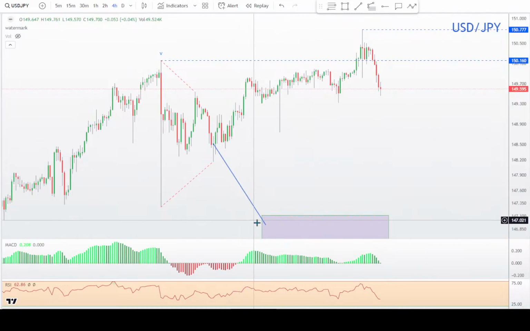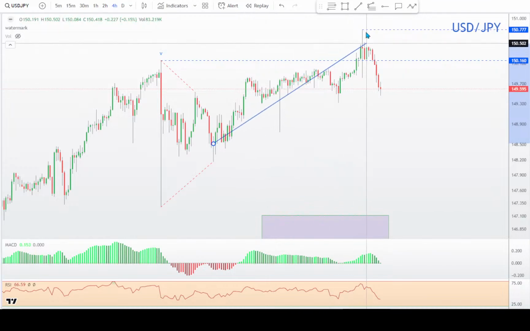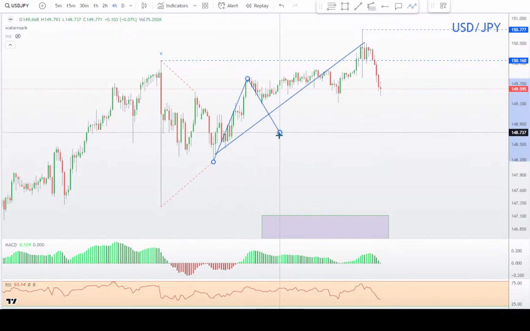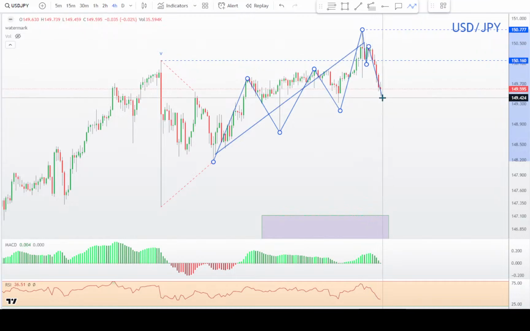If this is all the fifth wave here, it looks to me incomplete. That would be one, and that would be two, and then I think this is three, and I think now they're coming down for four, but then they would have to still go up one more time for the fifth wave.